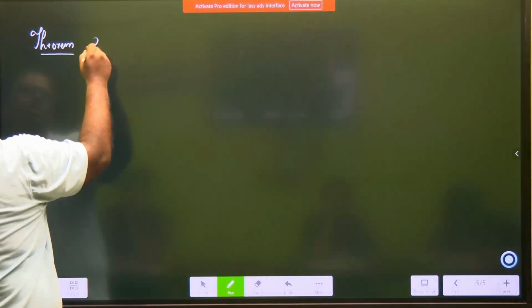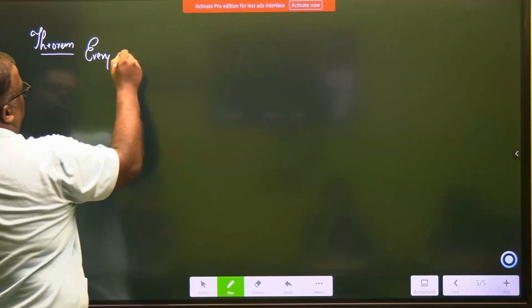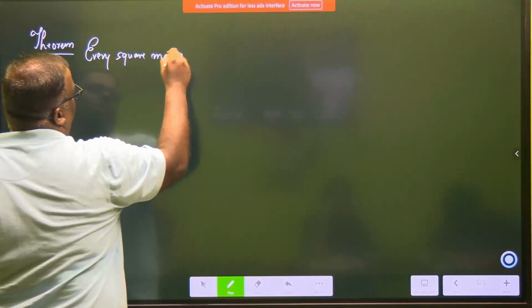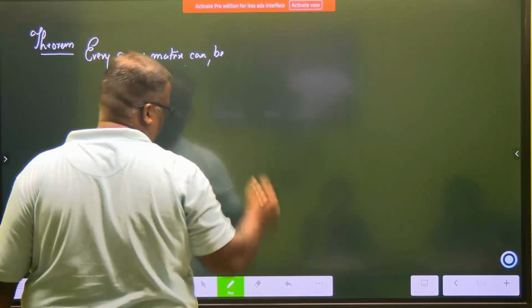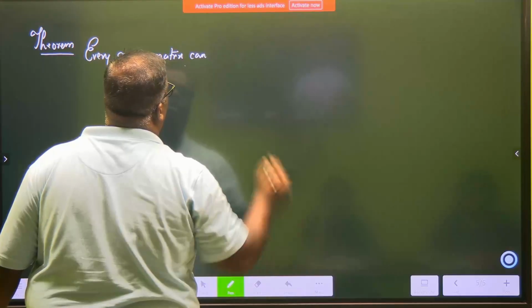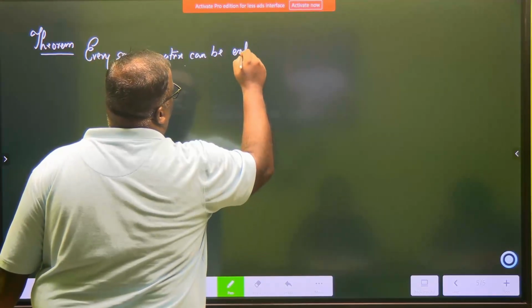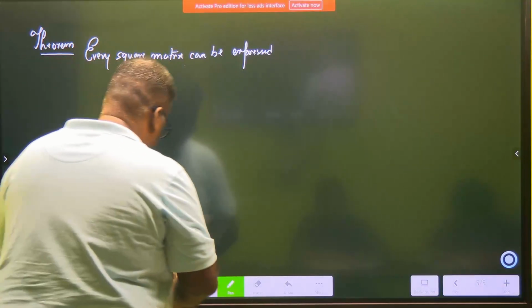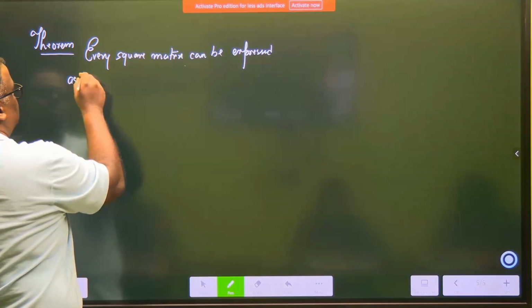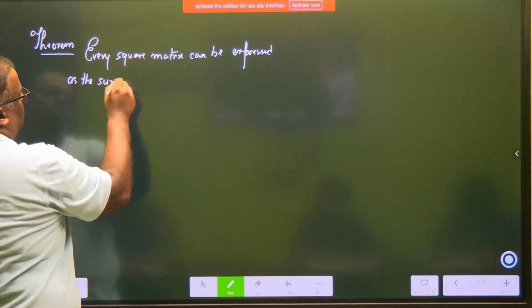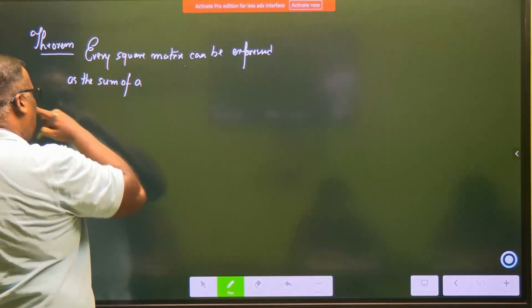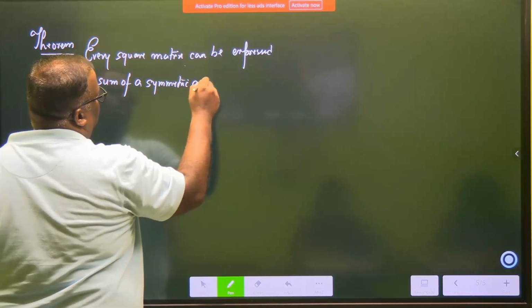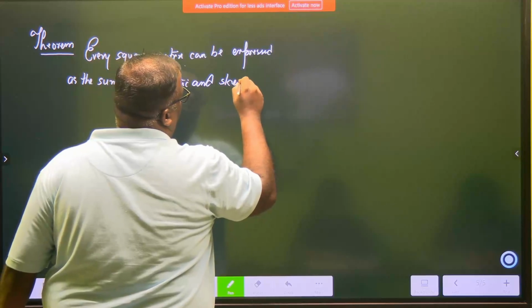The next theorem says every square matrix can be expressed as the sum of a symmetric and skew symmetric matrix.